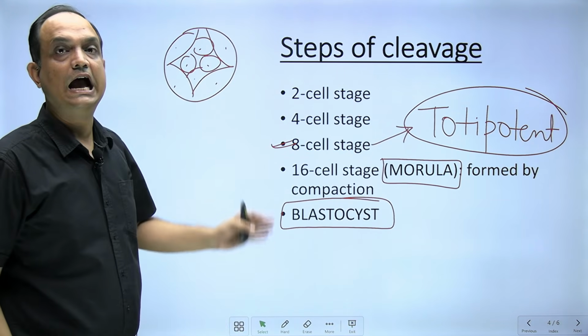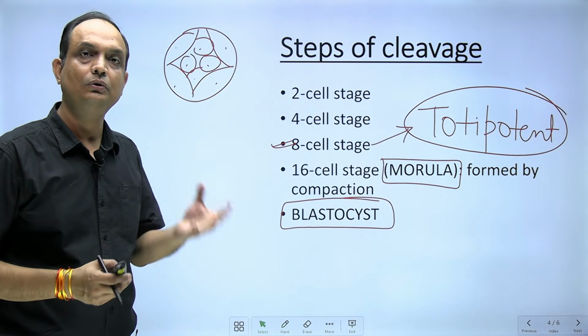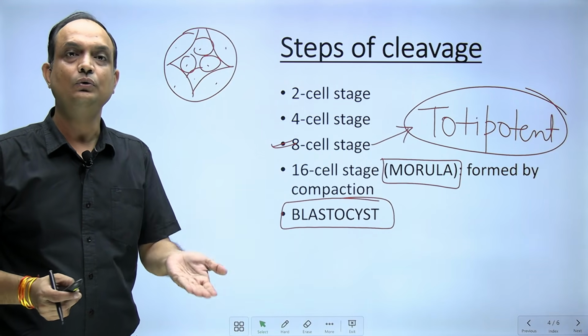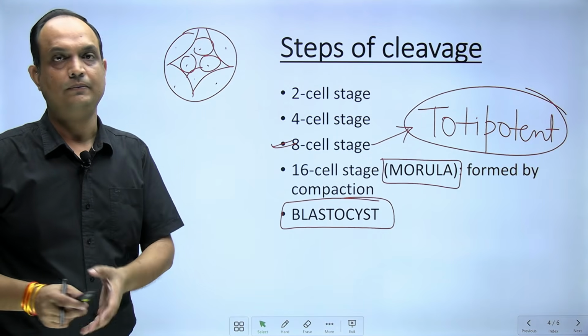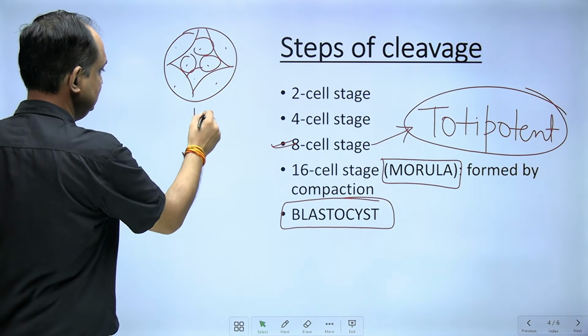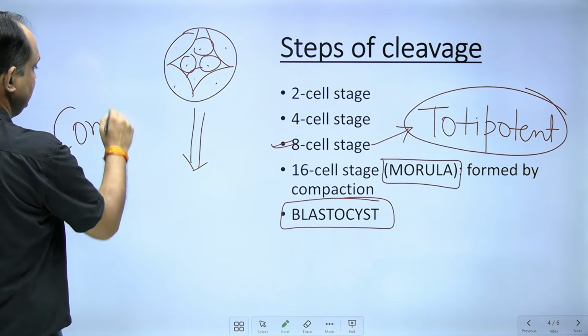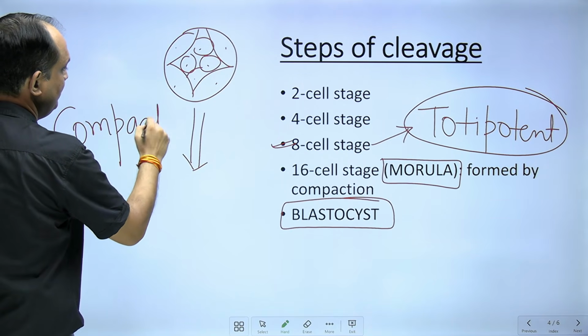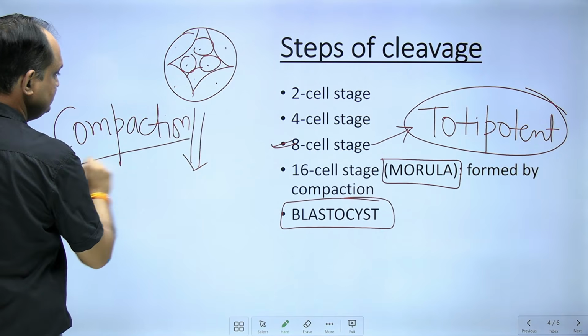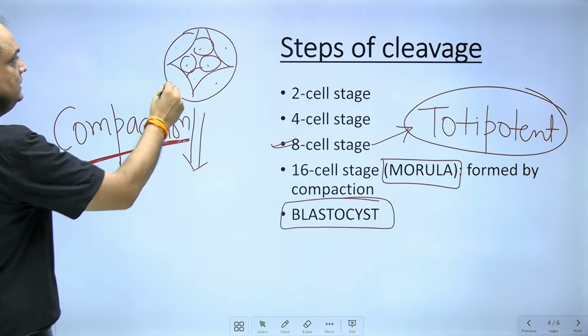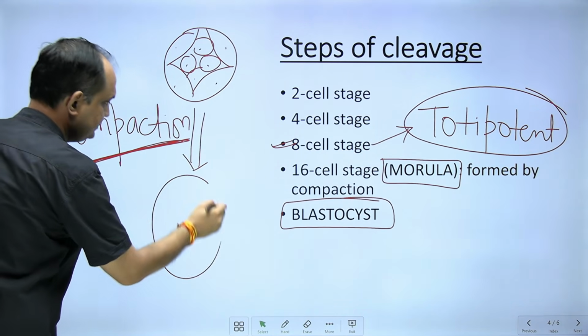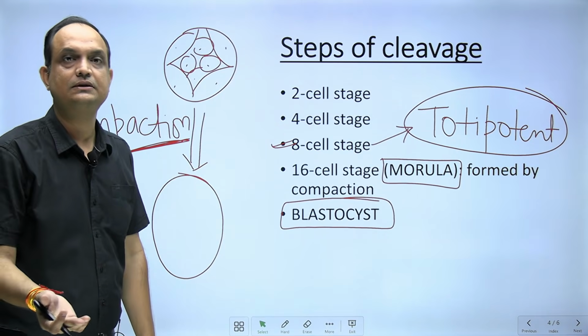Now, we have to change the attitude of these cells into a specified attitude. For that, a process occurs which is known as compaction. After compaction, these cells rearrange themselves in the next cleavage.